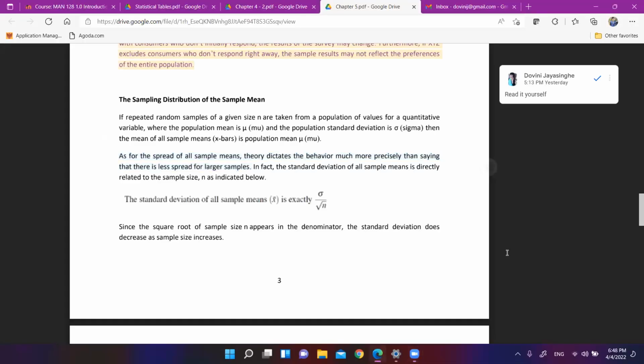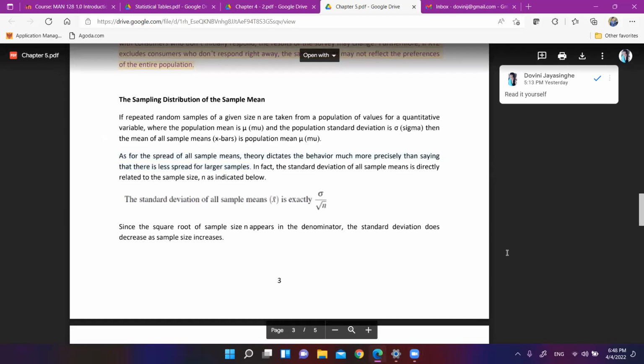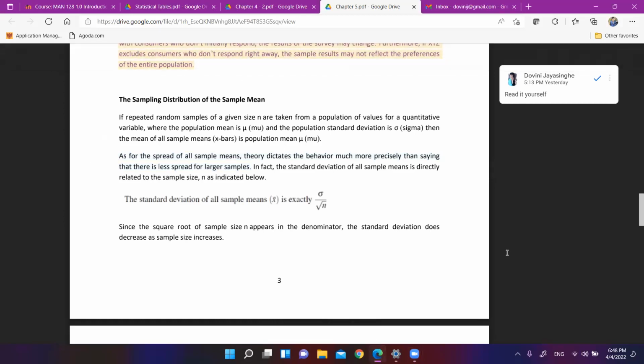Right, so in fact the standard deviation of all sample means is sigma over root n. ඒ කියන්නේ variance එක ගත්තොත් sigma squared over n, හරි? Since the square root of sample size n appears in the denominator, the standard deviation does decrease as the sample size increases.